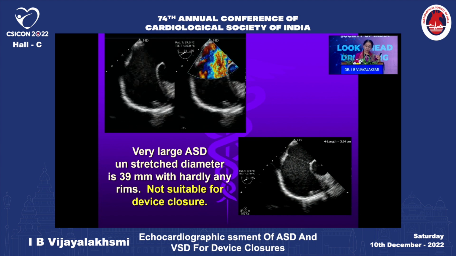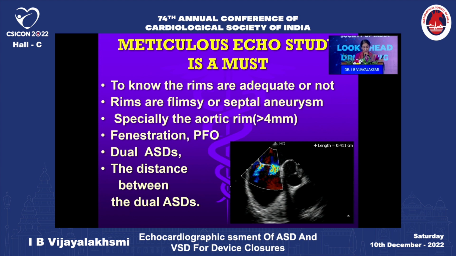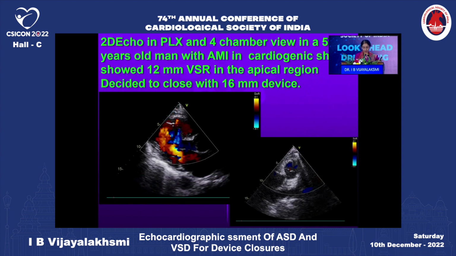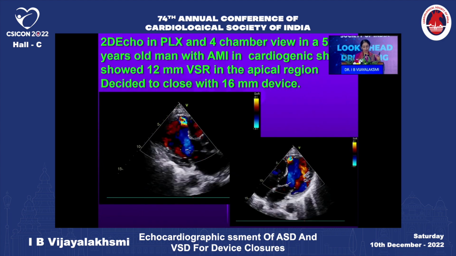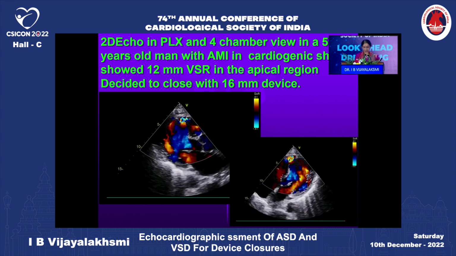I have put even a 42 millimeter device provided there is a rim, but this doesn't have a rim, so it cannot be done. So the fenestrations, all those things can be made out, and whether to put one device or two devices can be decided.